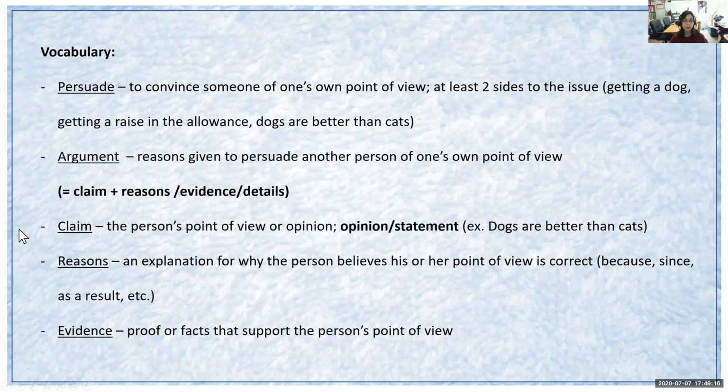Then we talked about the claim, which is the person's point of view or opinion, so it's kind of like a statement. Then we talked about the reasons, which are the explanations for why the person believes his or her own point of view is correct. And then we looked at evidence, which is the proof or facts that support the person's point of view. So if you want to, you can pause the video and write down the definitions for these vocabulary words.